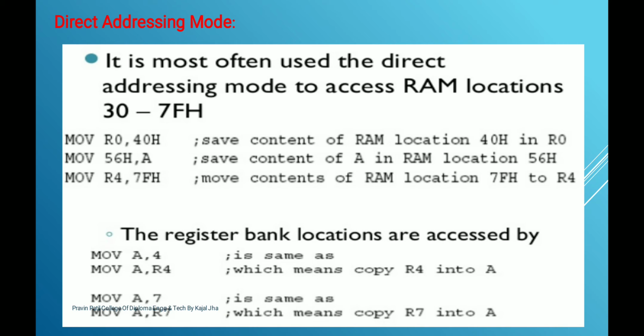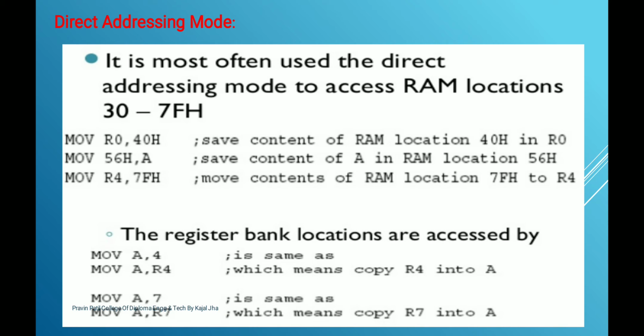Hence the length of the instruction is 2 bytes for one memory operand, and 3 bytes for two memory operands. In this mode, the internal registers except the program counter can be used as data memory locations. This type of instruction cannot be used to access external data memory.